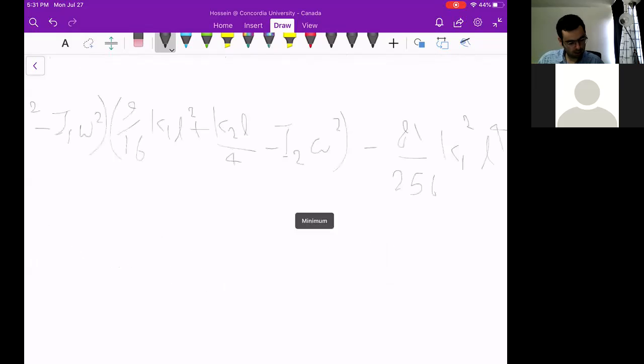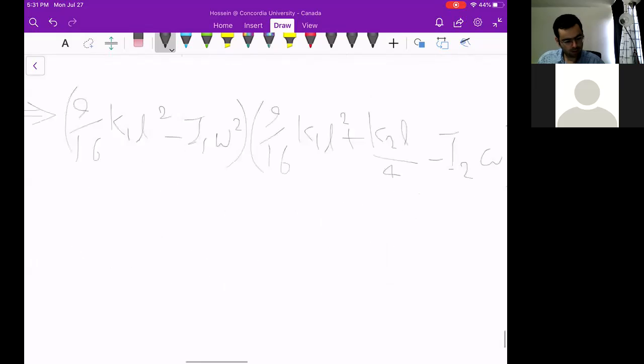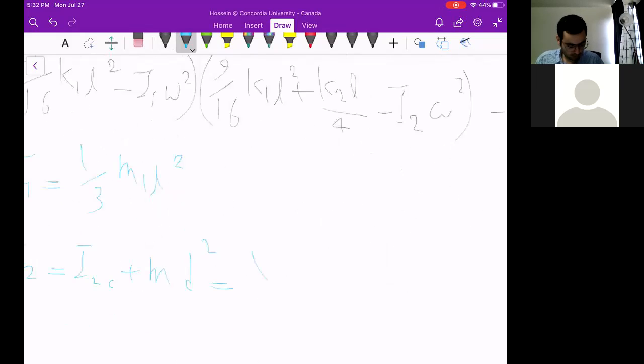We already obtained I1. Similarly, we could obtain I2, which is I prime, I to the point center of gravity, plus m d squared according to the parallel axis theorem. So therefore 1/12 m L squared.